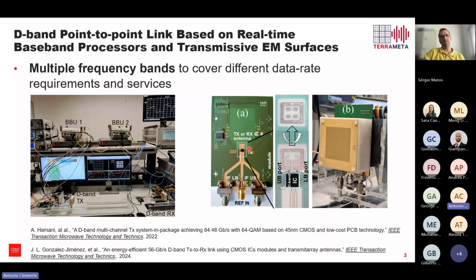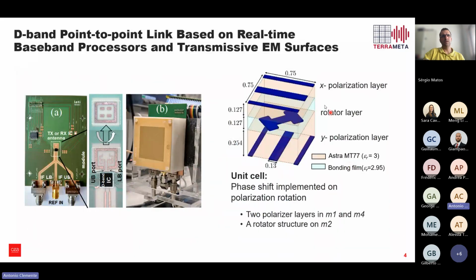It's integrated on a first antenna that is an array of 2 by 2 elements that illuminate a transmissive surface, a transmit array. Basically, this is a flat lens that is composed of different unit cells that are the elements that radiate the energy and at the same time generate a phase control on the aperture.